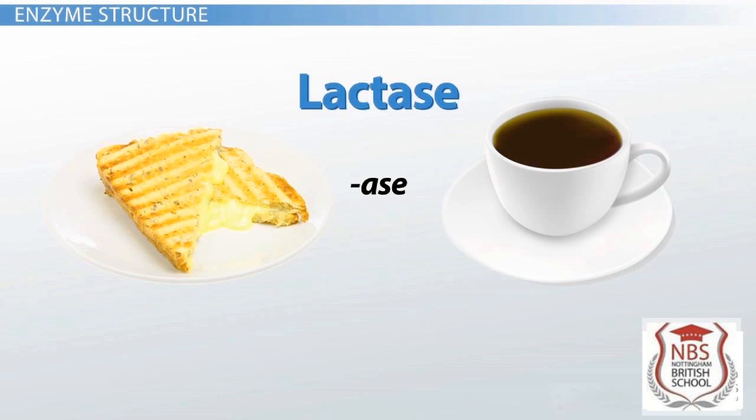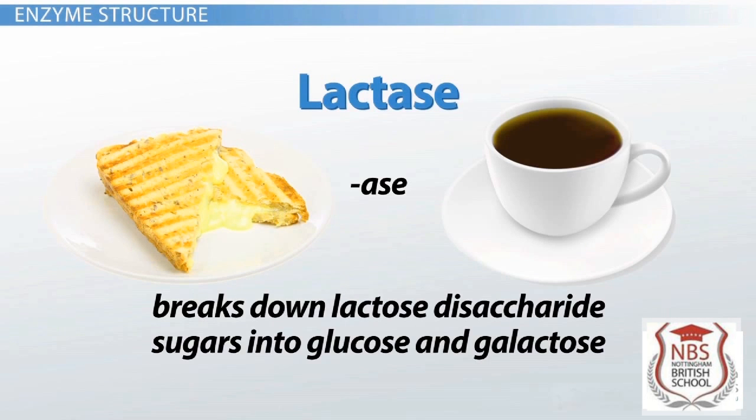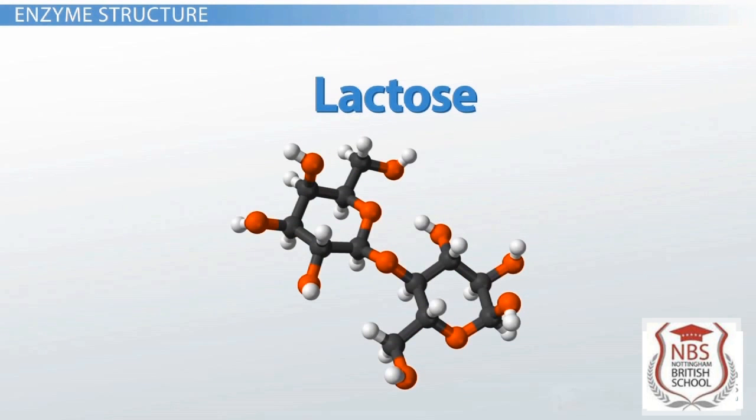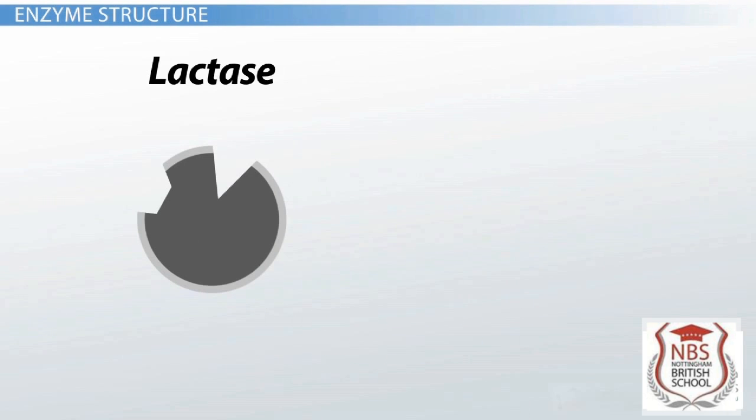Lactase breaks down lactose sugar into glucose and galactose. Lactose, of course, is the sugar found in dairy products. Some individuals are lactose intolerant and they lack this enzyme. Without lactase, lactose will break down on its own, but it is an extremely slow process, maybe even taking days.